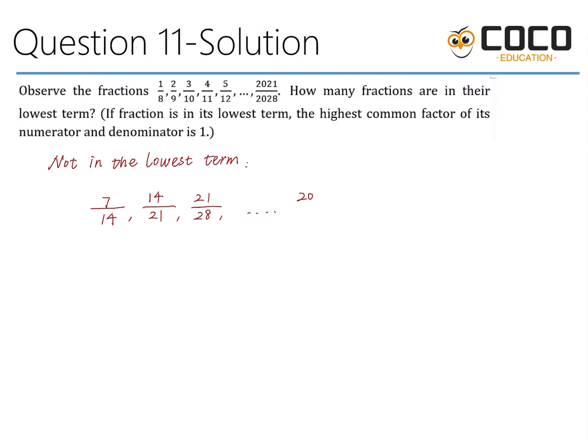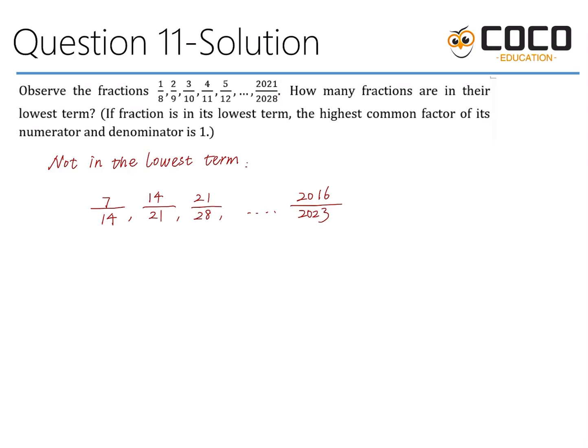All the way to 2016 over 2023. So these are the fractions where it's not in the lowest term because the difference between numerator and denominator is 7. So only when the numerator is a multiple of 7, this can be simplified further.